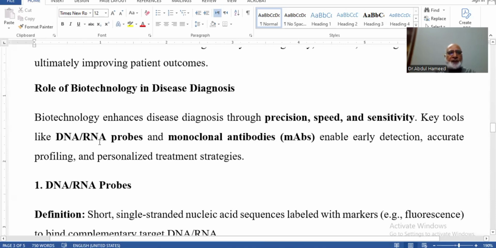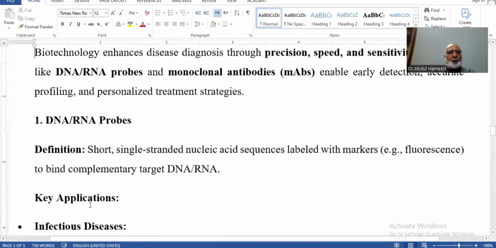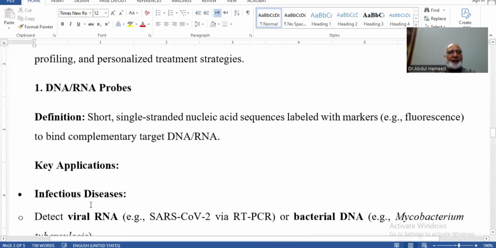Key tools like DNA, RNA probes, and monoclonal antibodies enable early detection, accurate profiling, and personalized treatment strategies. So if we revise DNA, RNA probes, the definition: short, single-stranded nucleic acid sequences labeled with markers, maybe fluorescence, to bind complementary target DNA, RNA in the given sample.